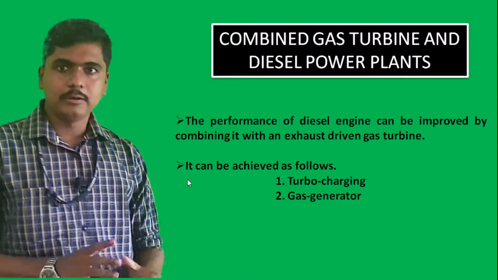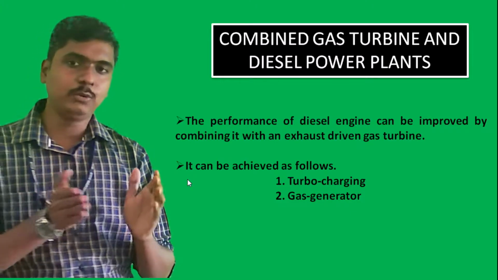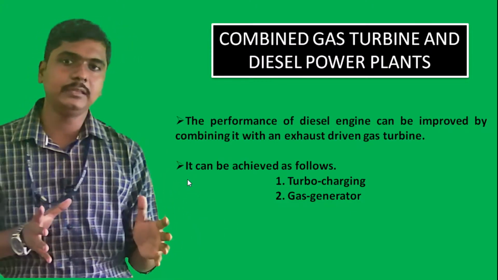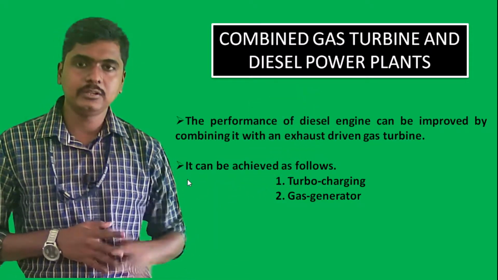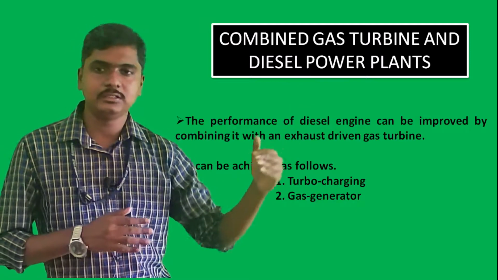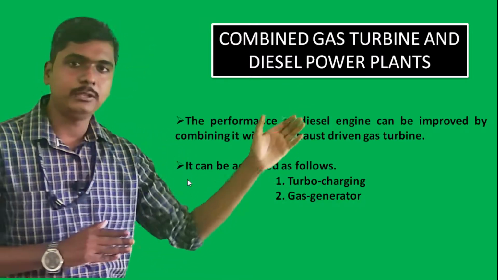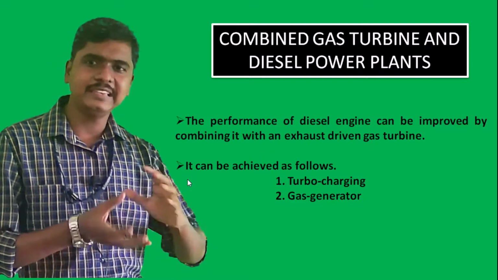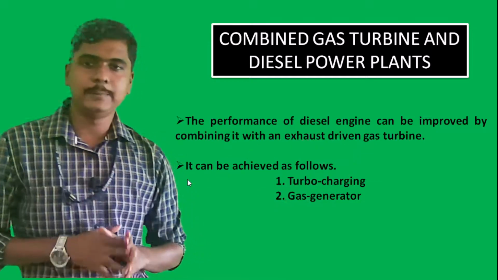Okay, so now I will give you one demonstration. Here what we are going to do is combine a gas turbine cycle with a diesel cycle. Regarding diesel power plant, in the subsequent video we are going to cover. Here I will show you how a gas turbine power plant can be combined with a diesel power plant.